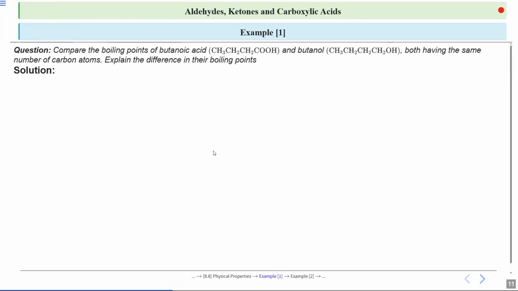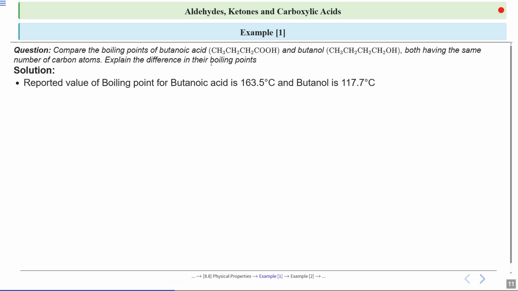Let us discuss. The reported boiling point of butanoic acid is 163.5 degrees Celsius and of butanol is 117.7 degrees Celsius. So here you can see that the boiling point of butanoic acid is more as compared to butanol. This is butanoic acid, 1, 2, 3, 4, four carbon atoms.